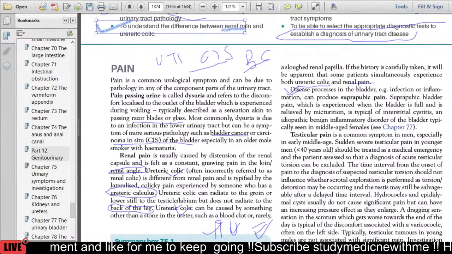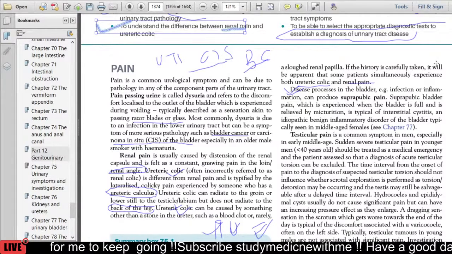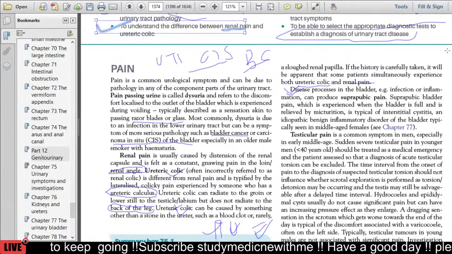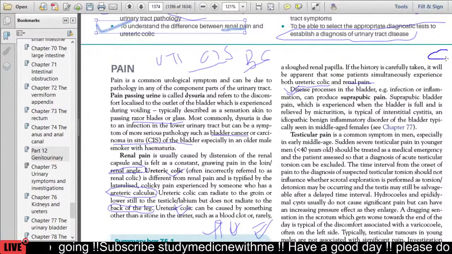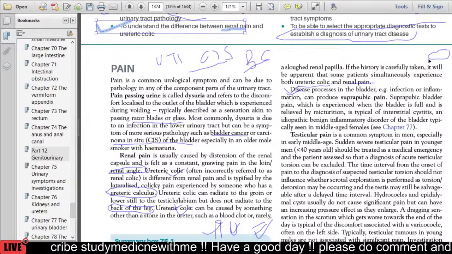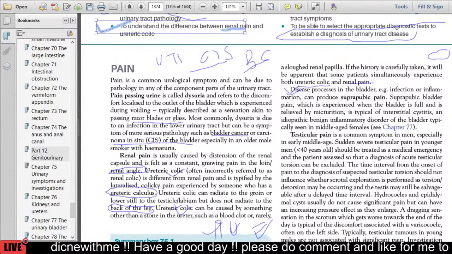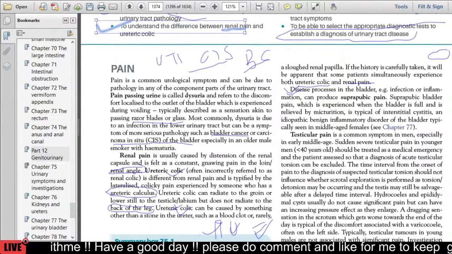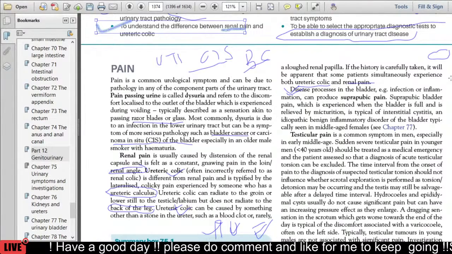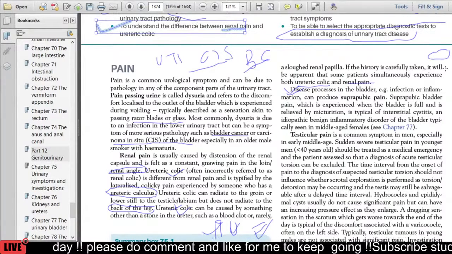So if a woman of middle age comes with suprapubic pain which is relieved on micturition, the disease to be suspected is interstitial cystitis.